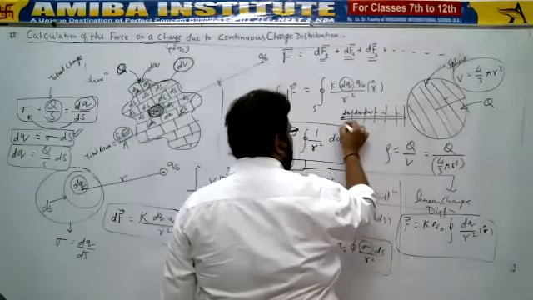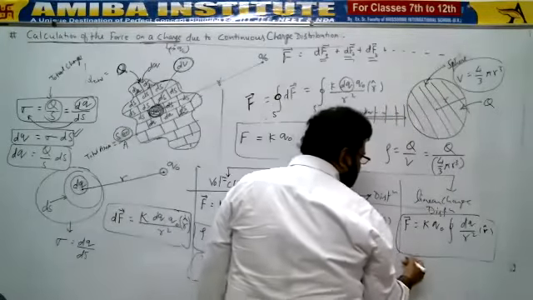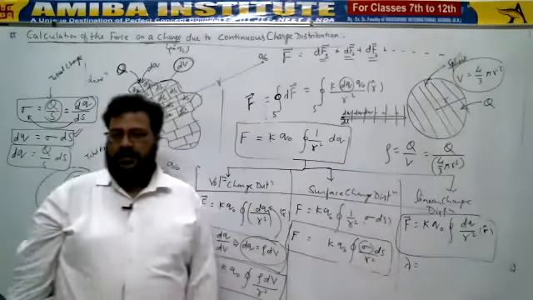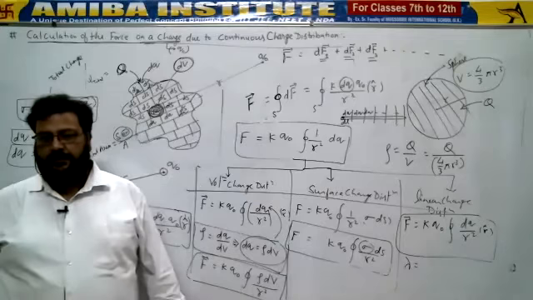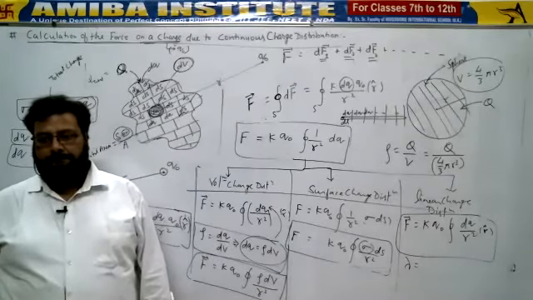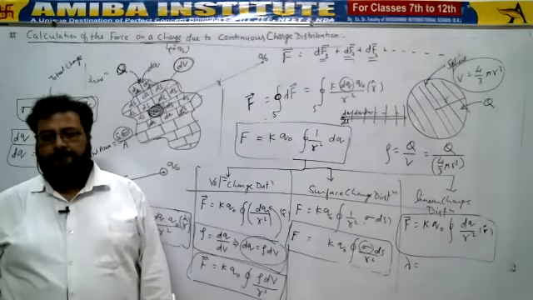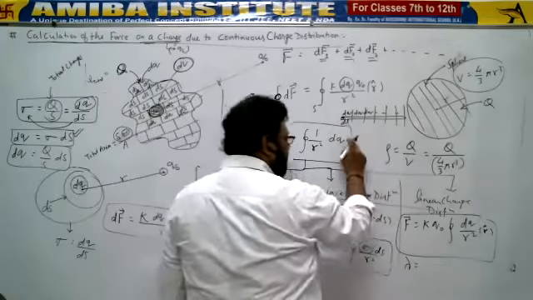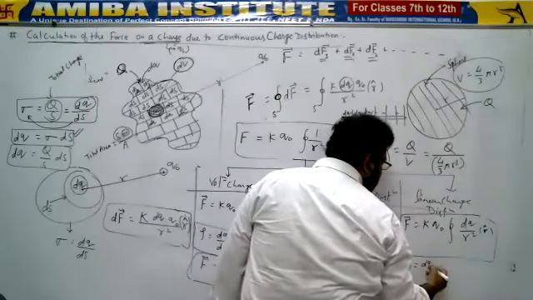Can you tell me quickly what should be the linear charge density? It is dq upon dl. I have mentioned only dq and dl.